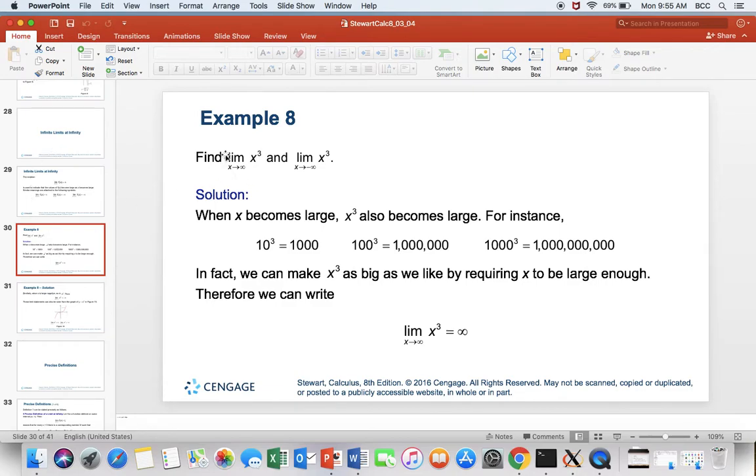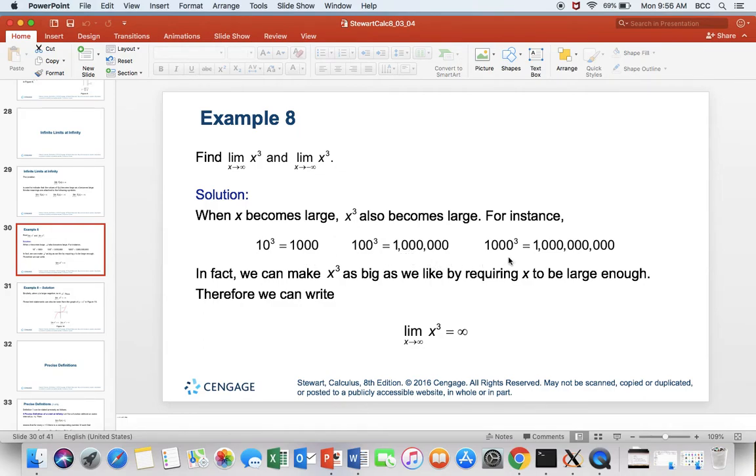For example, consider limit x approaching infinity of x cubed and limit x approaching negative infinity of x cubed, the same function. When x approaches infinity, you're trying different values of x: 10, 10 cubed, 1000 cubed, and so on. 10 cubed is 1000, 100 cubed is, you notice how many zeros?